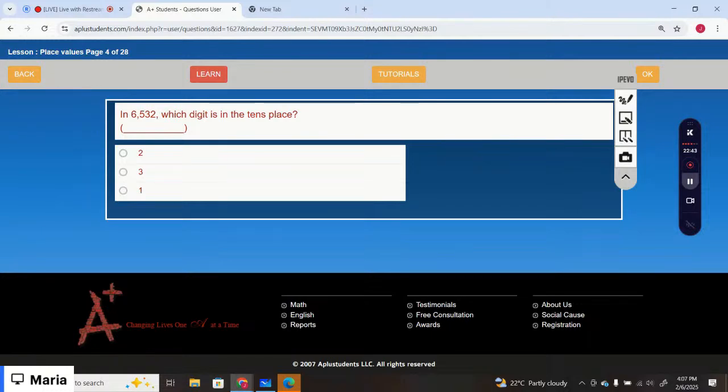In 6532, which digit is in the tens place? Which is the correct option?